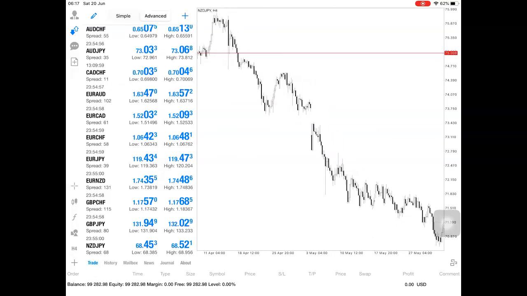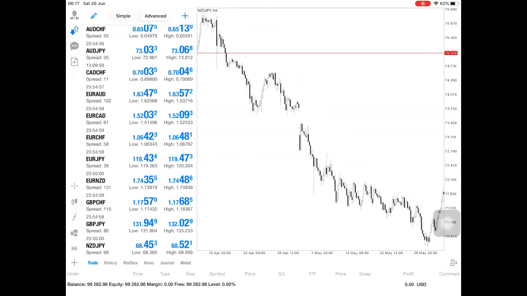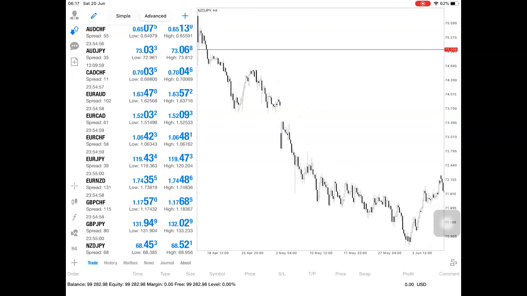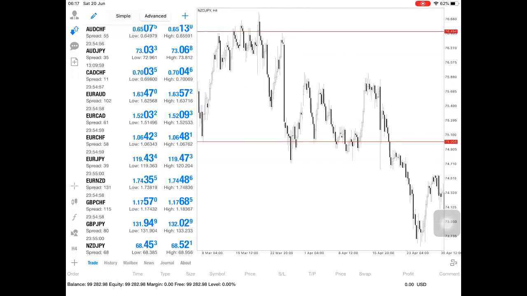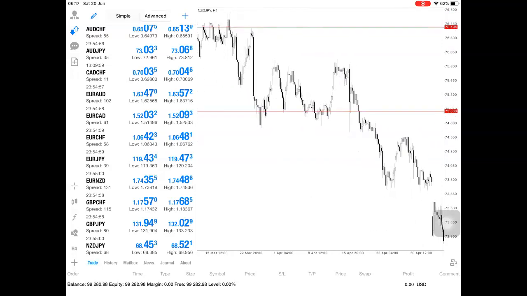One of the things you need to learn as a trader is to be patient. Be patient for your target to be hit. Be patient for your analysis to play out. This stop loss would have been about, from here to here, 75.00 to 76.49, about 149 pips. You can see how I just calculated that in my head.